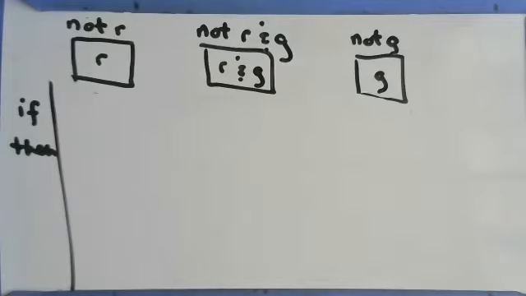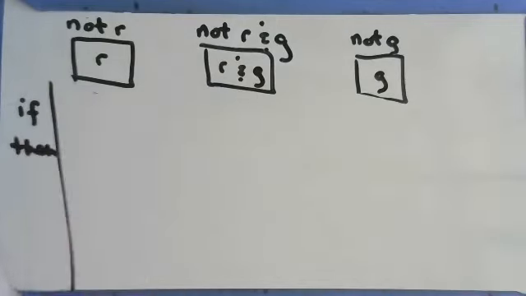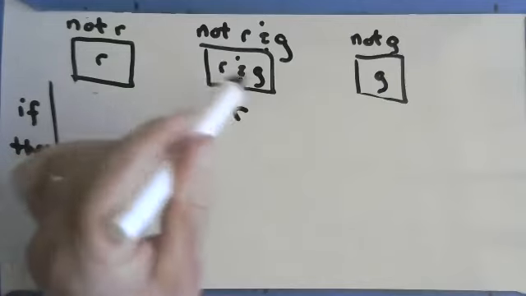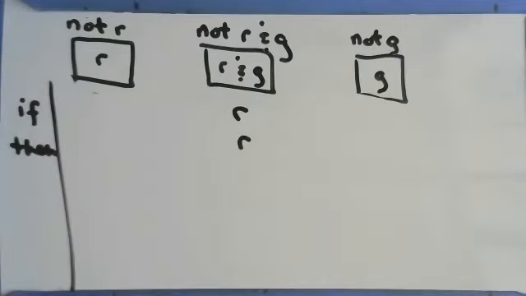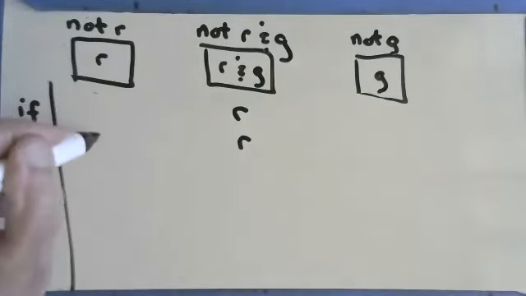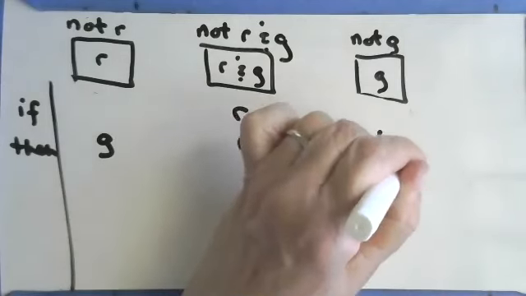We have to show that it works. So the first thing we'll check is if when we pull a sock out of the box marked red and green, we get a red sock, then because it can't be a red and green box, we know that has to be the red box. We have two colors left. We have the red and green mix, and we have the green. This can't be green, so that makes this green, and that makes this red and green.